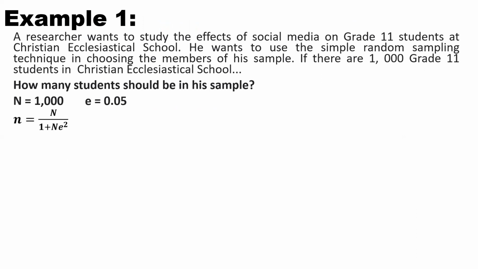So n is equal to capital N over 1 plus population times margin of error squared. Substitute lang natin. So 1,000 divided by 1 plus 1,000 times 0.05 squared. Then you will come up with 285.7 students. With this value, we can round it off and use 286.